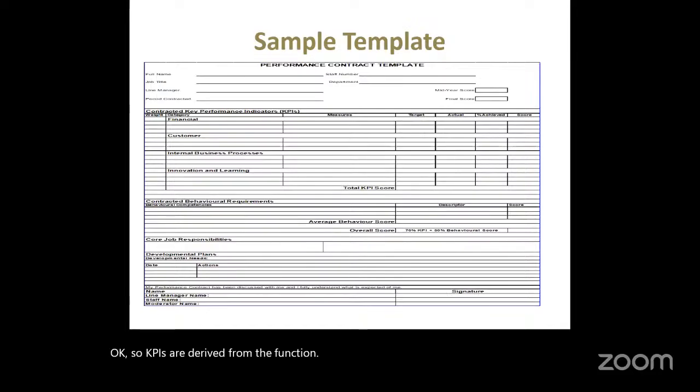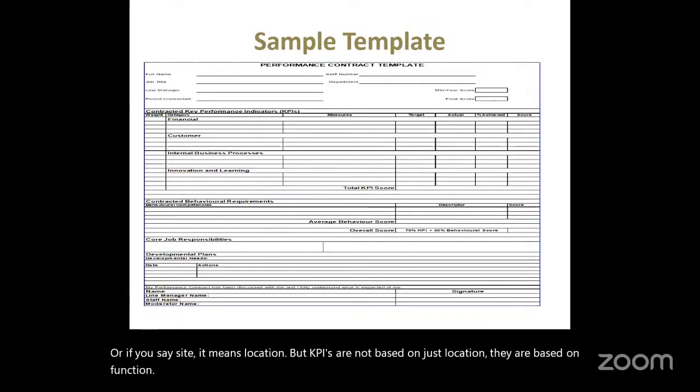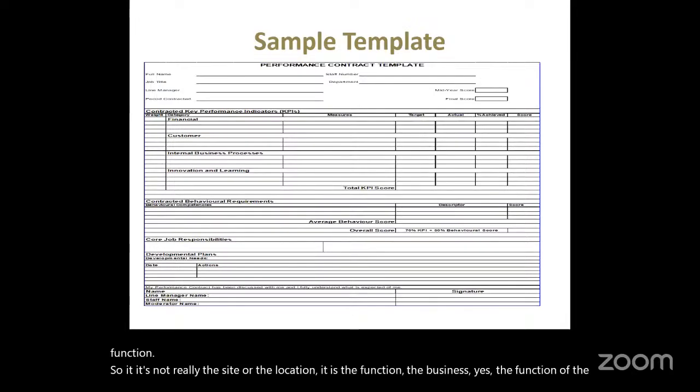So the KPIs of the accounting unit, or if you say site, it means location, but KPIs are not based on just location, they are based on function. Sure. So it's not really the site or the location, but it is the responsibility. Yes, the function of the business determines the key performance indicators.